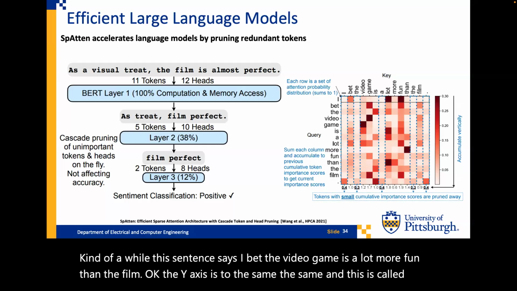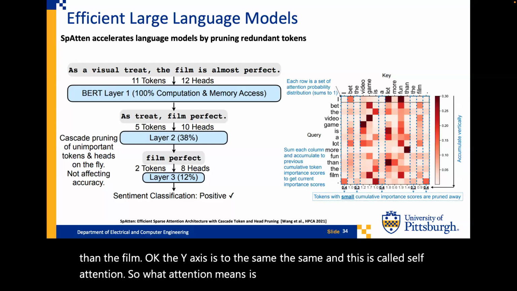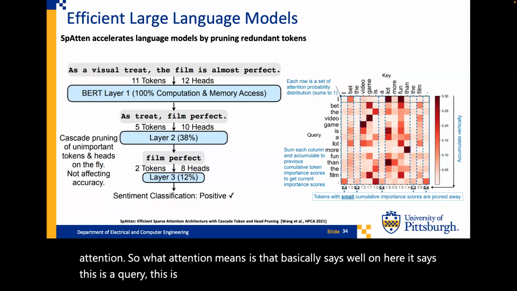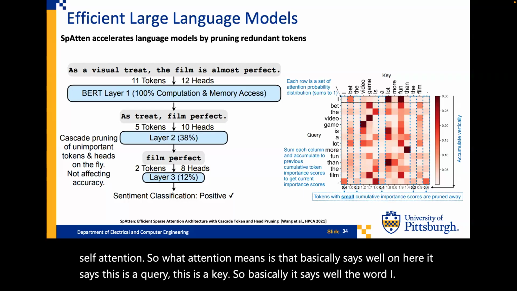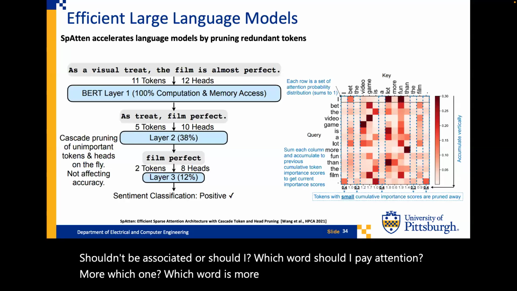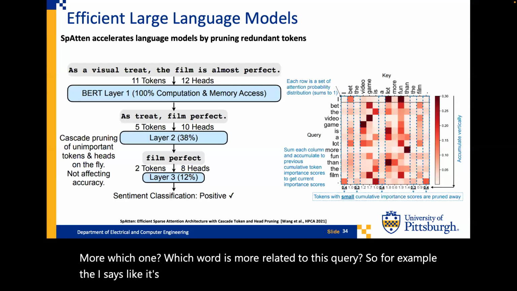What attention means is, this is a query and this is a key. It basically asks which word I should be associated with, or pay more attention to. Which word is more related to this query? For example, 'I' is more related to 'lot' and also 'fun'.